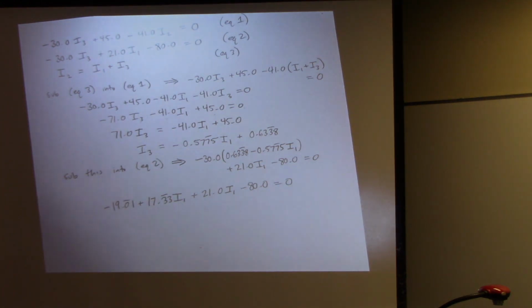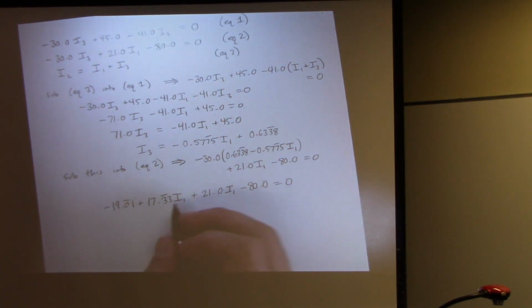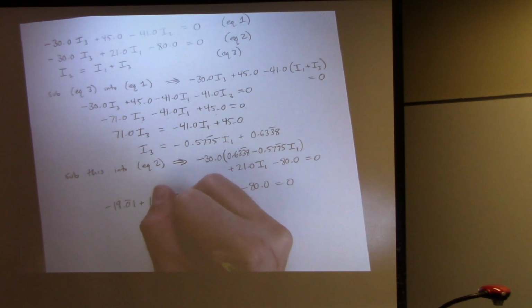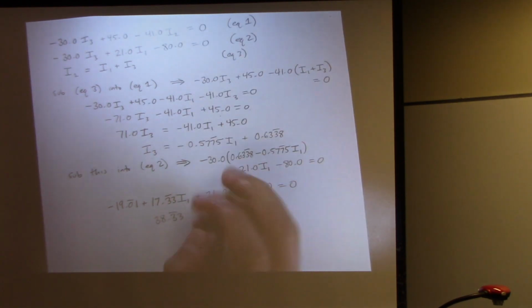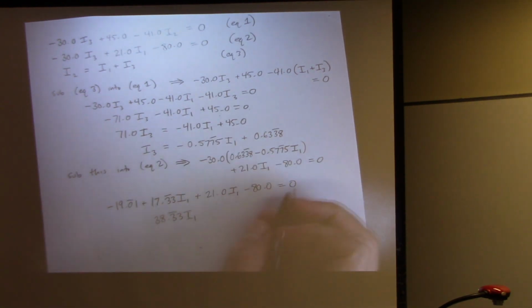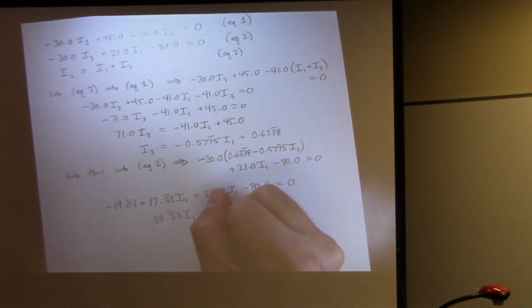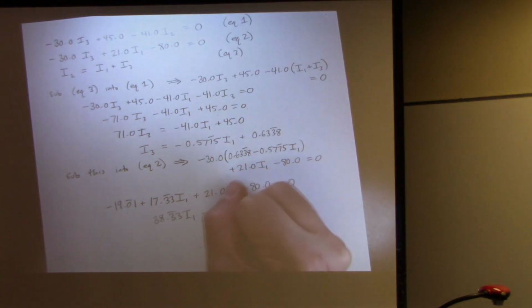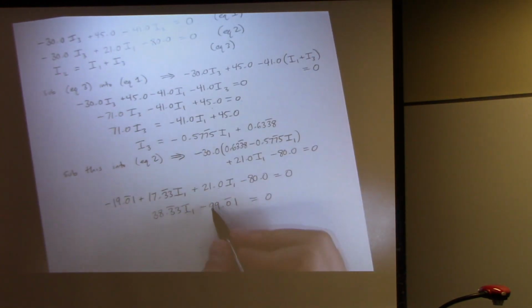And let's see, what can we do with that? Well, we have these two factors which can be brought together, the ones that multiply I1. So we're going to have, for that, 38.33, if you add these two numbers together, times I1. And then if you add these two numbers together, the ones that are just constant factors, we have minus 99.01. Okay, so to solve for I1, here's what we do.